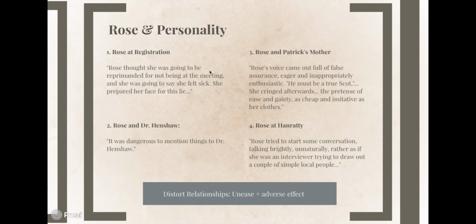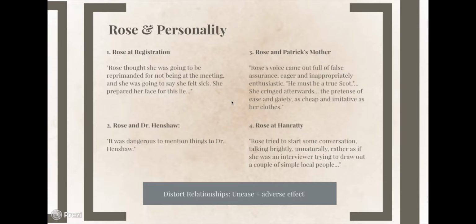And her voice was summarized as eager and inappropriately enthusiastic. As a result, Patrick's mother didn't think highly of Rose, and even when Rose brought Patrick to her own hometown, she faked an unnatural tone as if she's interviewing her own people. And even though those are all for good causes, none of this led to the desired results because she was concealing her true self.